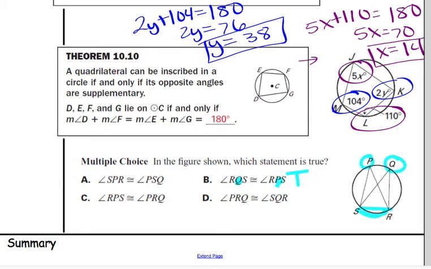The only other thing that could happen that would be true would be to use the arc from P to Q, and its angles would have vertices of S and R. So you need to look for if they had any that had vertices in the middle that are S and R. None of these do have S paired with R, so that would not be the pair of angles that you'd be looking for. So all of these others are not true because we look for the two that would be true. So B would be the answer, the only answer that works there.